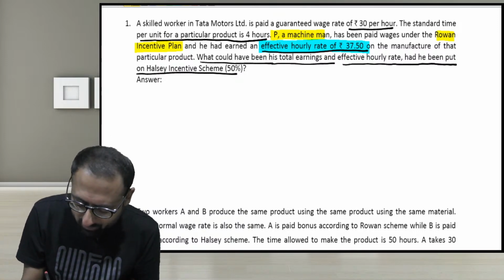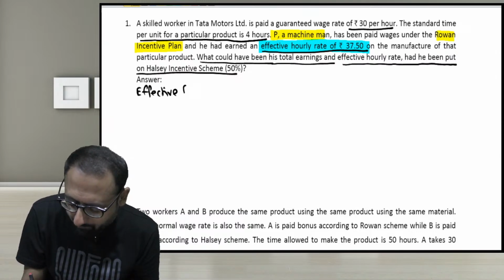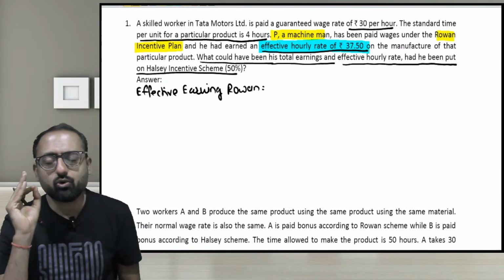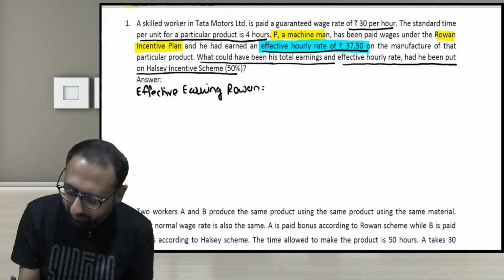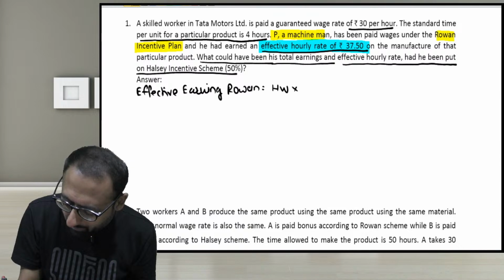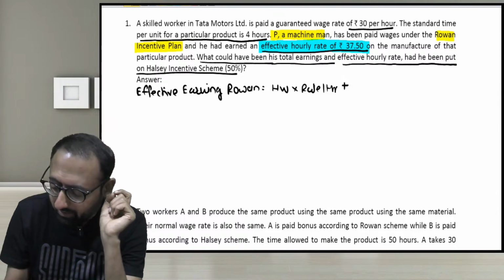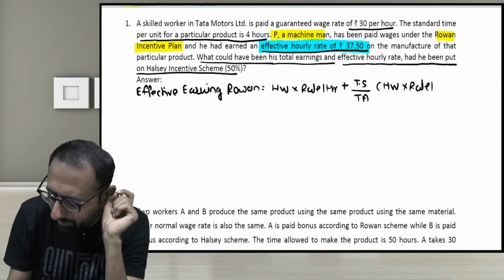Everyone, please concentrate here. Effective earning under Rowan is equal to, I told you the formula, total earning under Rowan divided by hours worked. The formula is very simple: hours worked multiplied by rate per hour, plus time saved upon time allowed into bracket hours worked multiplied by rate per hour.